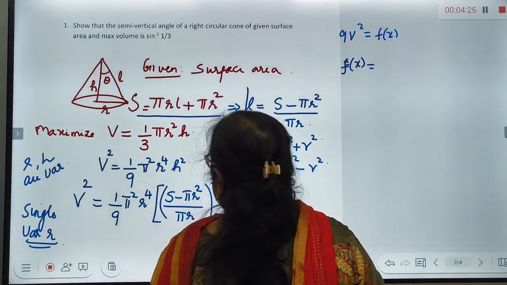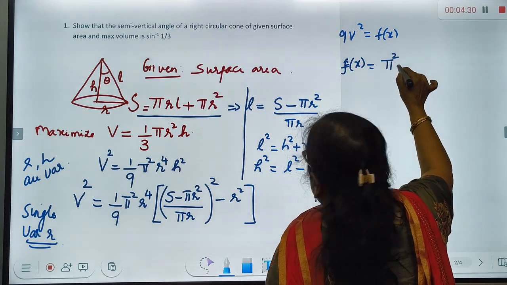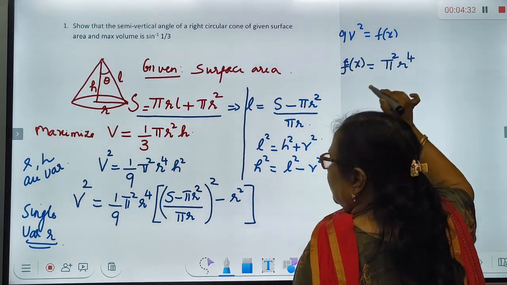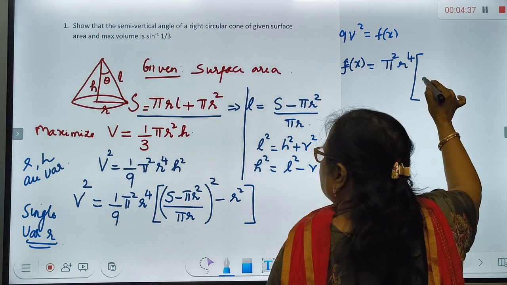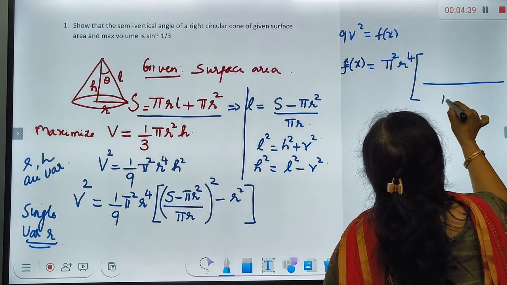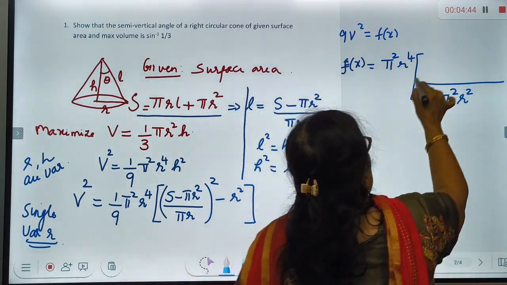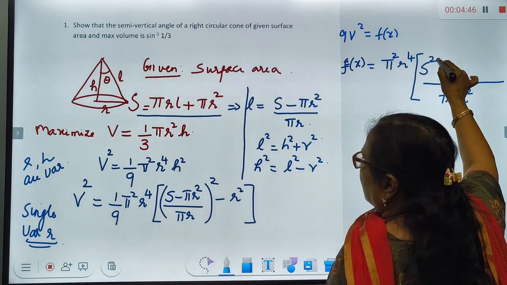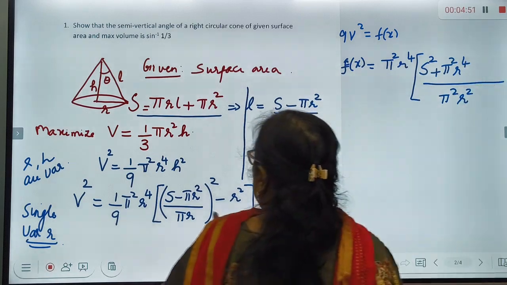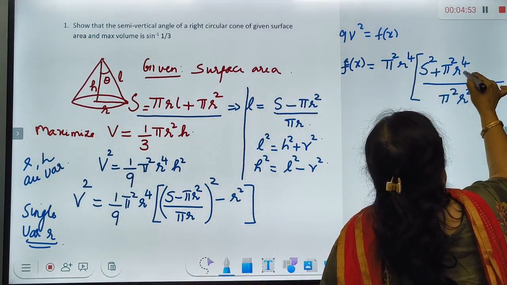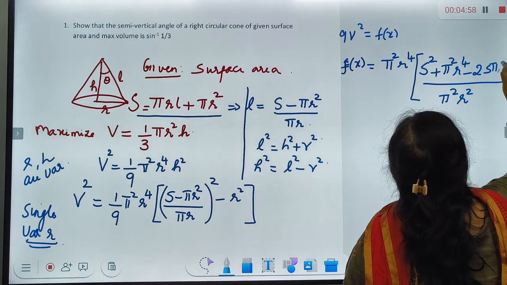So I am calling it f of x equal to pi square r power 4 into, I'll take the LCM as pi square r square. Then what will I get? S square plus pi square r power 4, I am squaring this, minus 2s pi r square.